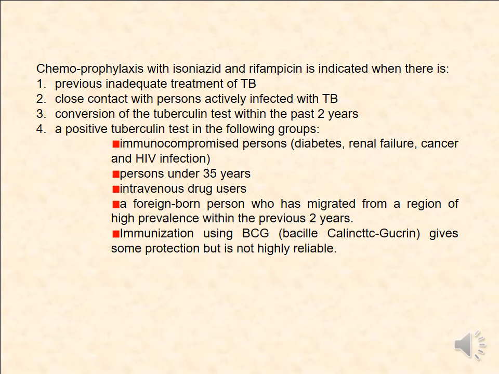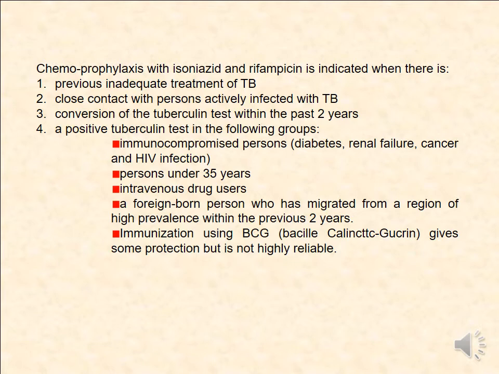Chemoprophylaxis with isoniazid and rifampicin is indicated when there is previous inadequate treatment of tuberculosis, close contact with a person actively infected with tuberculosis, conversion of tuberculin tests within the past 2 years, or positive tuberculin tests in the following groups.